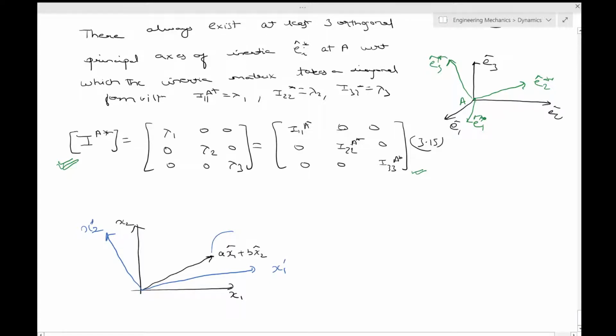So this vector will now at the same place be written as a dash x1 dash plus b dash x2 dash. Okay, a generic transformation like this. Obviously the magnitude of the vector remains the same, so a dash square plus b dash square will be equal to a square plus b square.